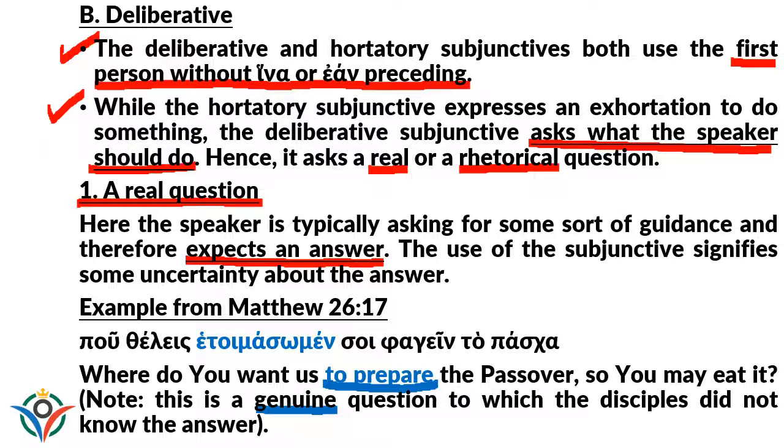So the subjunctive, hetoimasomen, signifies some uncertainty about the answer on the part of the disciples. They really weren't sure, and that's why they asked Jesus, so they could expect to receive an answer from him.